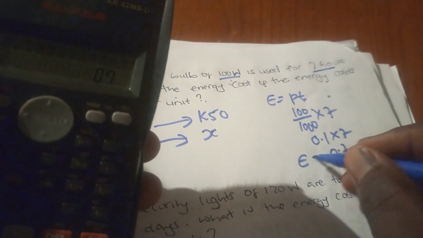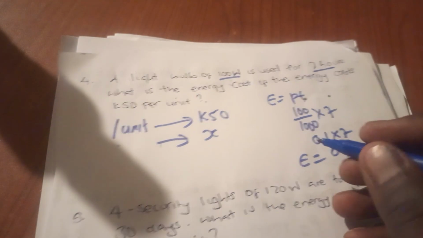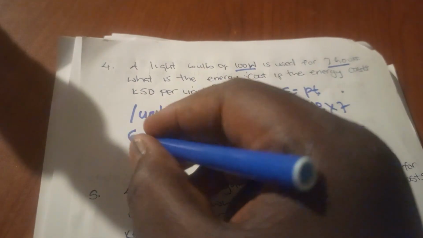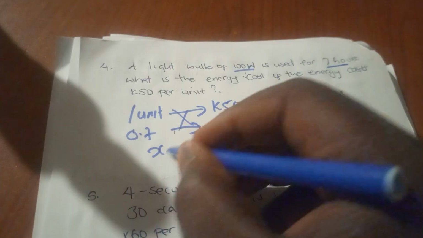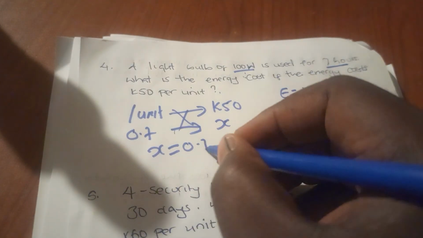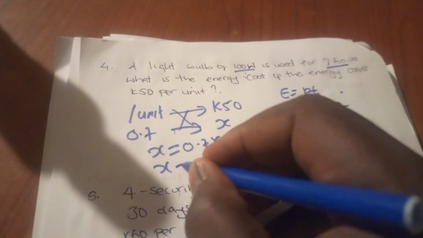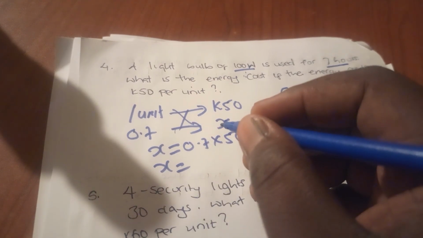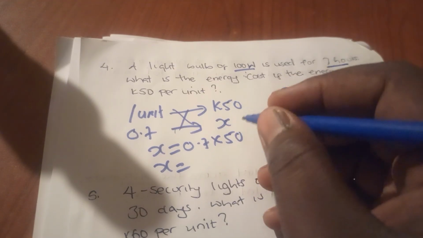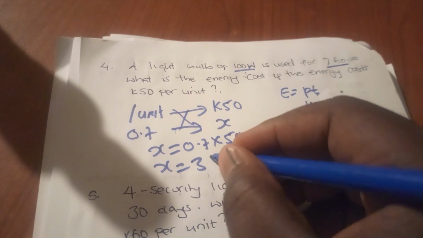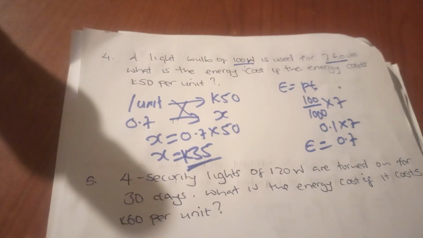So this is my energy here, which is 0.7. Now I'll put the 0.7 here. Then I'll cross multiply. So 1 times x will be x. So 0.7 times 50. So x is equal to 0.7 times 50. The answer is 35. So it is 35 kwacha. That will be the answer for this question.